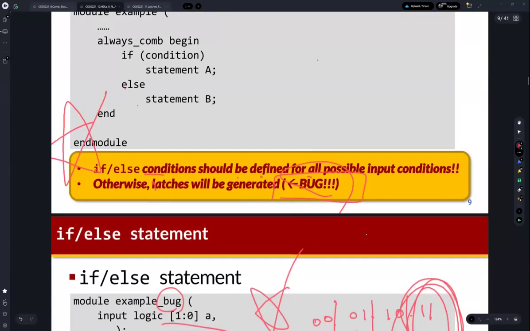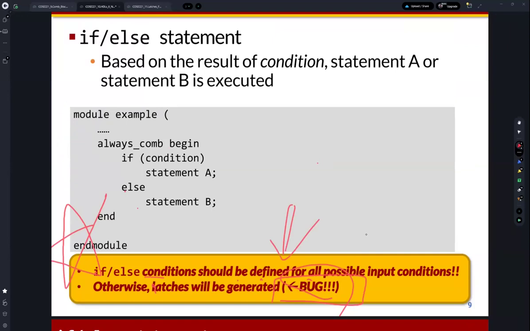But you need to know that we use SystemVerilog in order to implement real hardware, which means that your code needs to be synthesized into real hardware. So when we use the if else statement, you need to define all possible conditions for this if else.